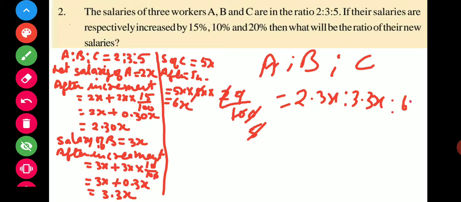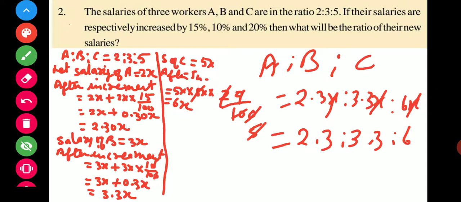Now x will be cancelled out. So we get 2.3 : 3.3 : 6. Multiply by 10. So we get 23 : 33 : 60. And that is your answer.